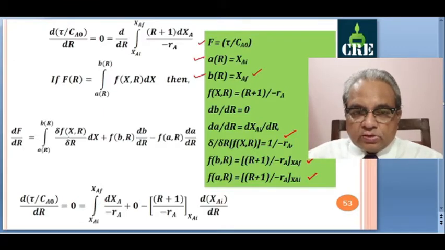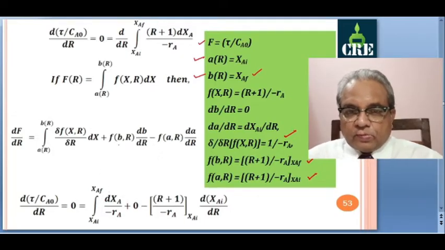Now dF by dr, we have written F is tau by CA0, this one. The integral from a of r to b of r of del r of f of x, r, where a of r is XAI, b of r is XAF, and del r of this is 1 upon minus RA into dx. Now dx we write as dxa.